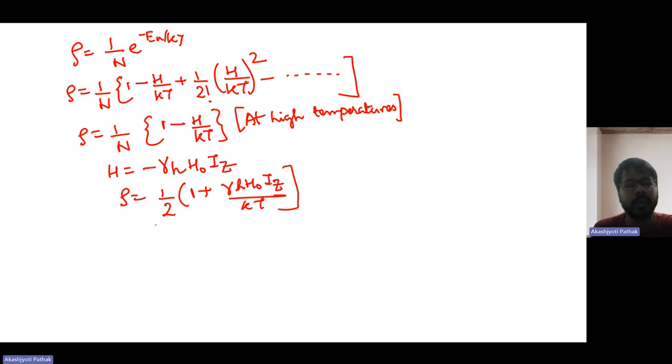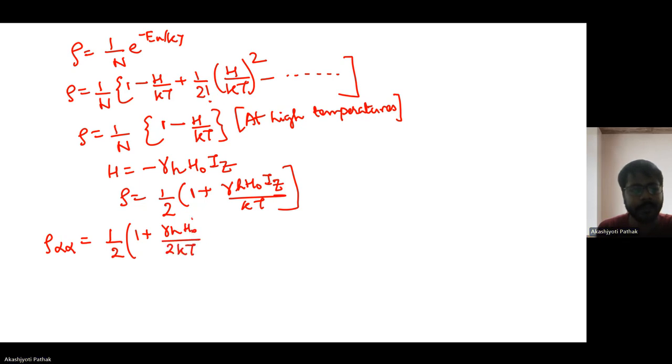Now we will calculate the matrix elements of the operator Iz, and then the matrix elements of rho. What will be the matrix elements of rho? For rho alpha alpha, it will be half times (1 plus gamma h naught by 2kT). Right. For the alpha alpha system, Iz is nothing but m h cross.